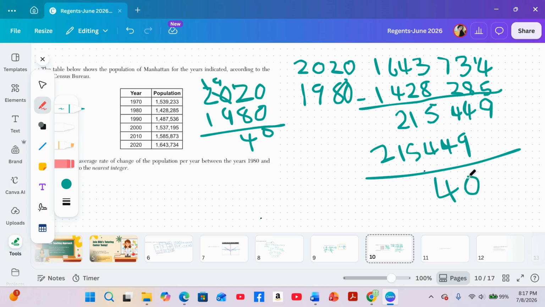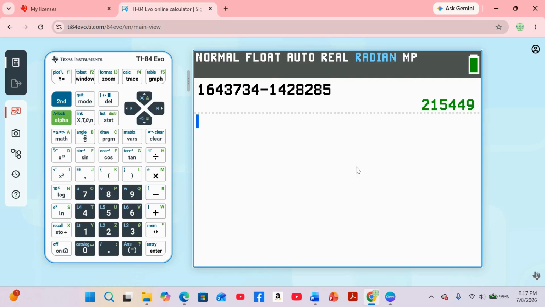And this should give us the rate of change. So let's head back over to the calculator. We already have it there, divided by 40. 5386.